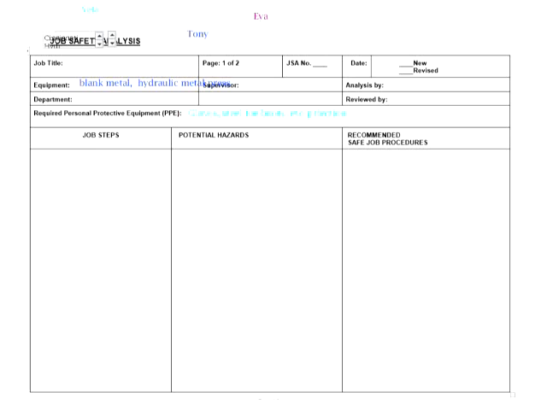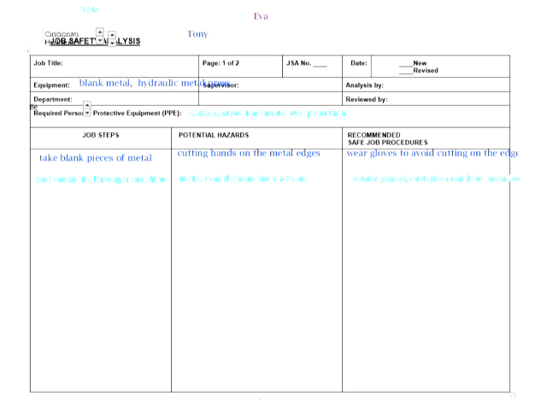Okay, so for job steps, let's break these down into job steps. Nida, Tony, and Eva, can you take some time to fill in some of the job steps, please? Tony, do you want to just quickly read what you put on there? Just the blue stuff that I put? Yes, please. Under job steps, potential hazards, and recommended safety job procedures, please.